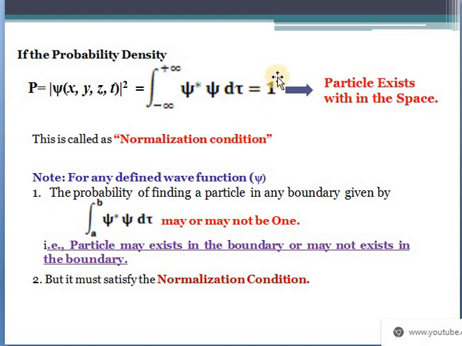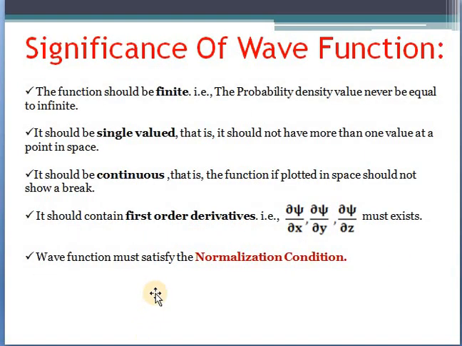If you get 1, then your wave function psi is correct. If you get the value as 0, your wave function is not correct, so you have to rethink the wave function.